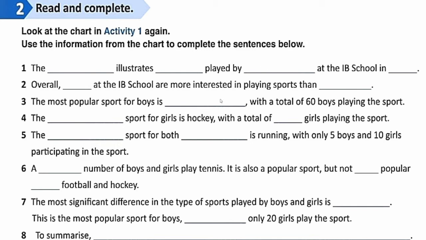And here we go. Number 1: the column chart illustrates sports played by boys and girls at the IB school in 2018. Of course, this first sentence can be easily found from the title of the chart.